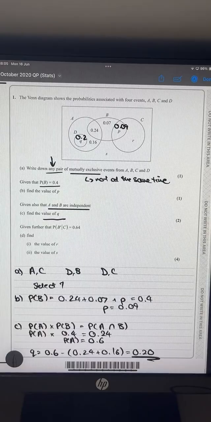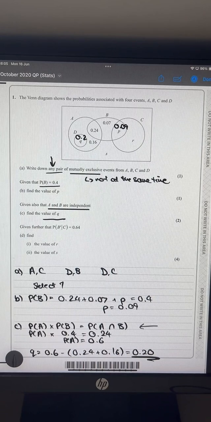All right, so I'll repeat part c again. They're telling me that A and B are independent, so this formula is true: the probability of A times P(B) is P(A and B). This is from stats year 1. We want to find the probability of A. We don't know what that is because q is over there, but we know the probability of B is 0.4.